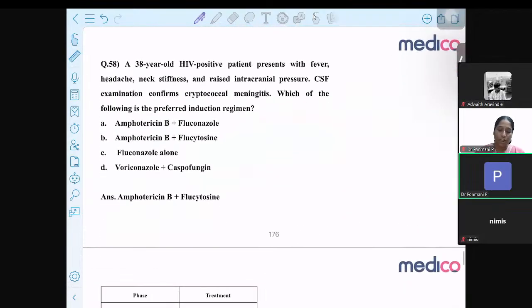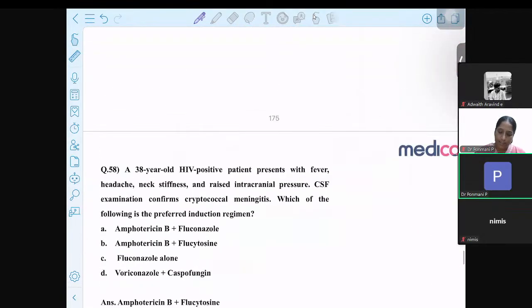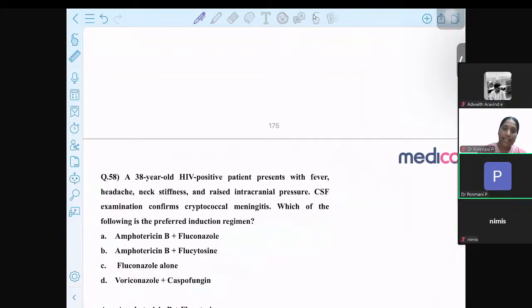So now moving on to the next question. The next question is, a 38-year-old HIV positive patient. He presents with fever, headache, neck stiffness, and raised intracranial pressure. And the lucky part is they have given the diagnosis here.